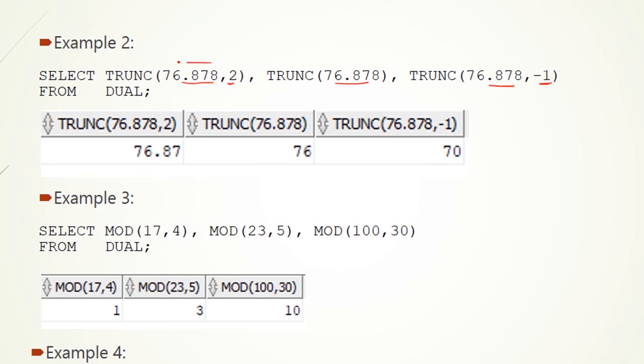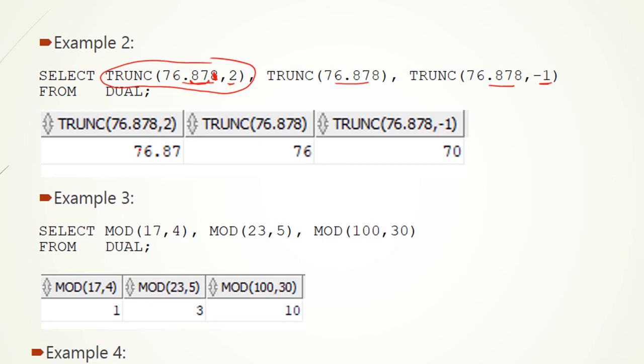Trunc 76.878, 2 means keep only 2 decimal points and remove all digits to the right of the second decimal point. That means it removes the 8. It keeps only 2 decimal points and truncates the other digits to the right.